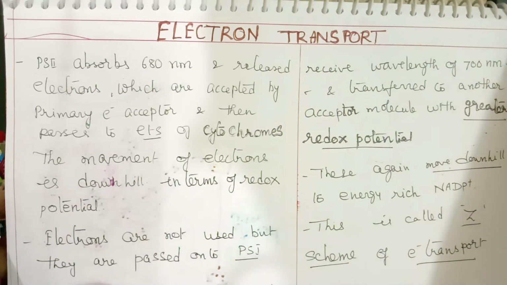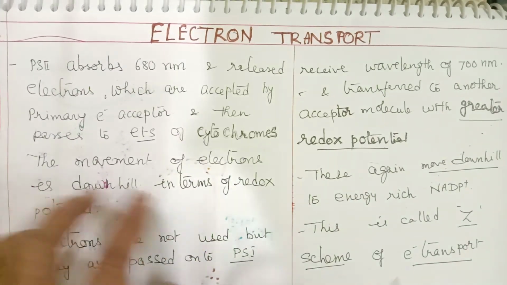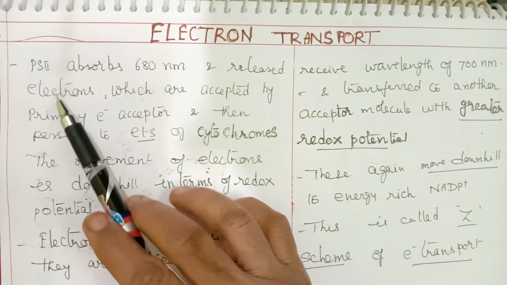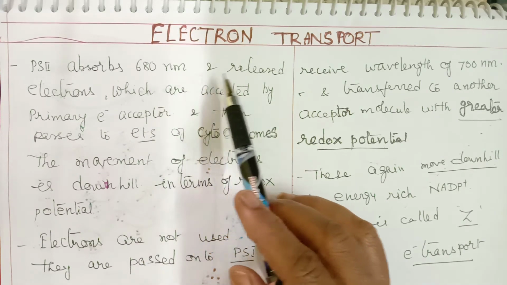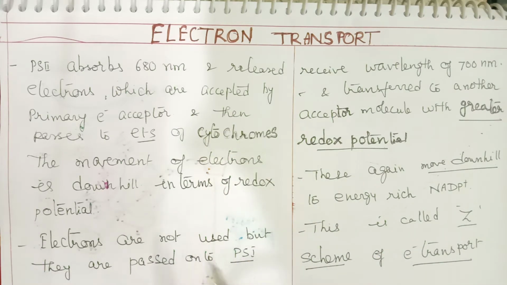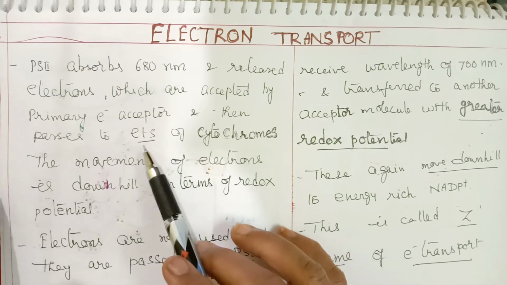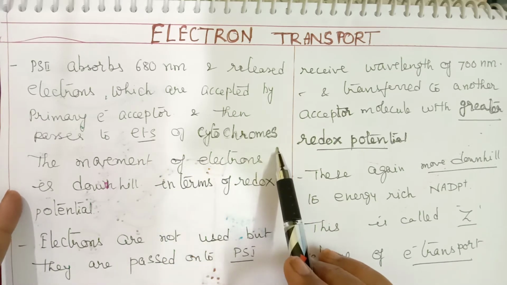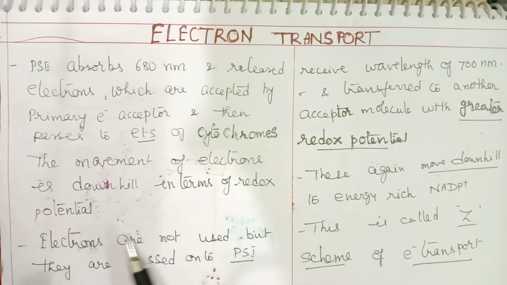In non-cyclic electron transport, we have two photosystems. First, photosystem 2 absorbs light of 680 nanometers and releases an electron, which is accepted by the primary electron acceptor, and then passes to the electron transport system consisting of cytochromes. The movement of electrons is downhill in terms of redox potential.